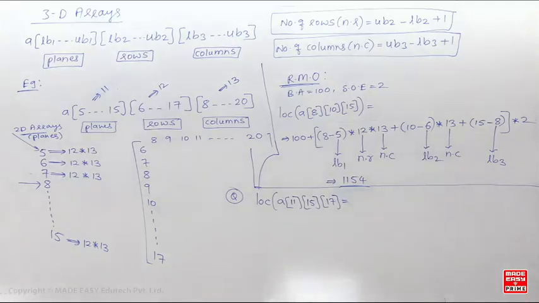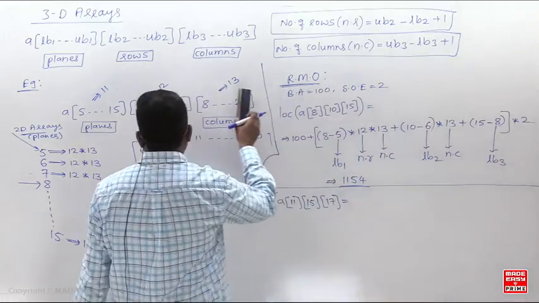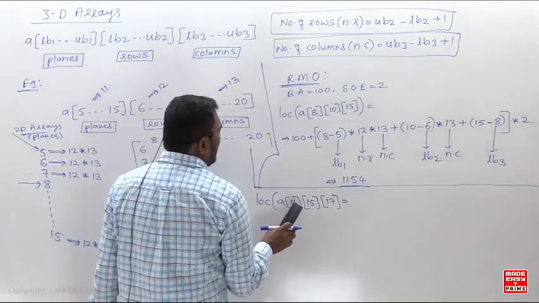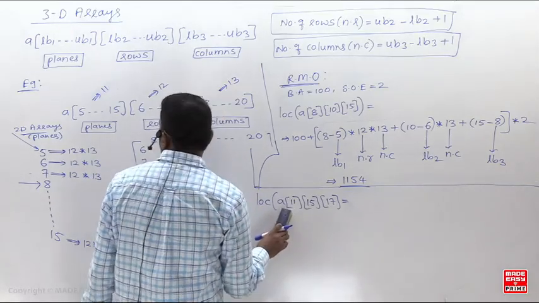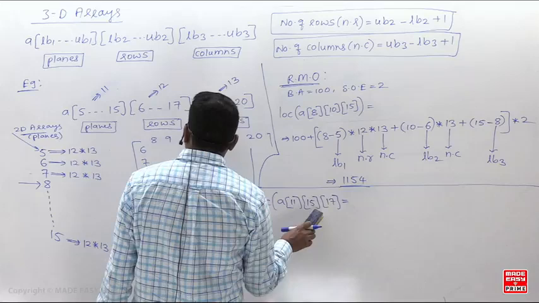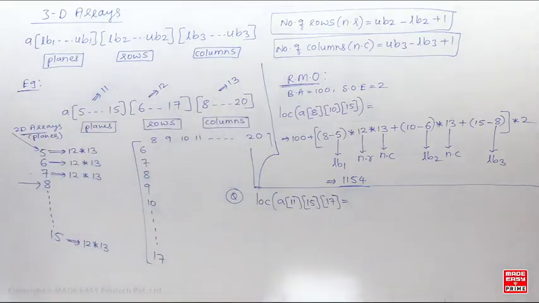Yogendra, check it out. How did you get 1158? 1154 is the right answer. Now take exactly the same thing for the same question. I want to find out the location of A of the 11th 2D array, the 15th row and the 17th column. Same. Size of the element is 2. इसको निकाल के बताओ.